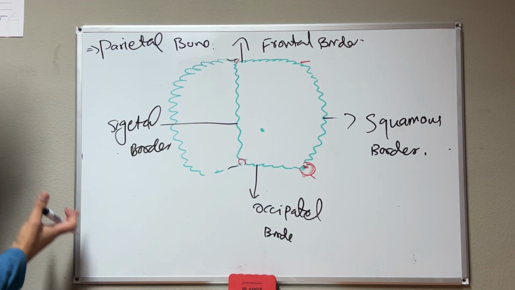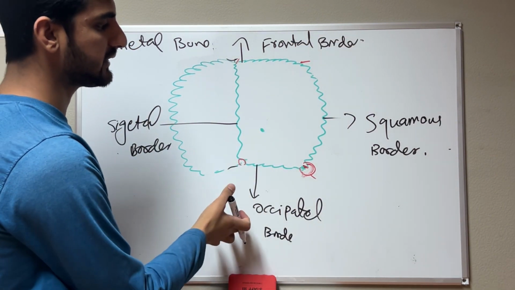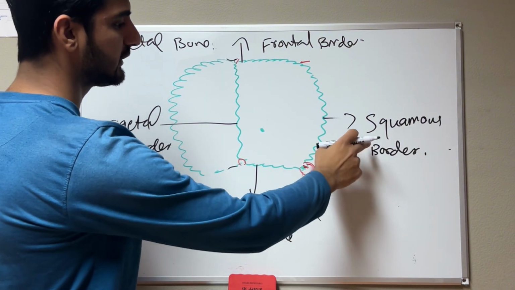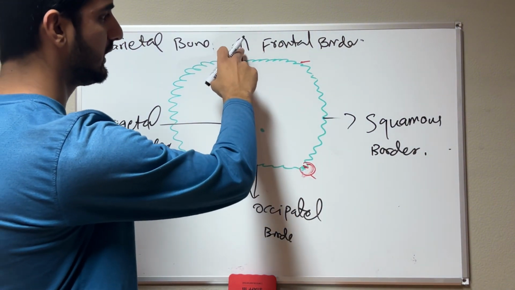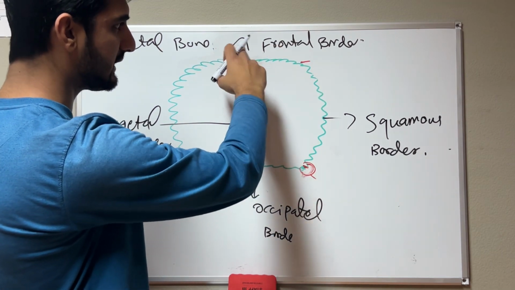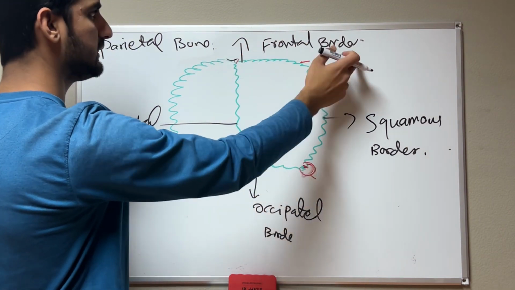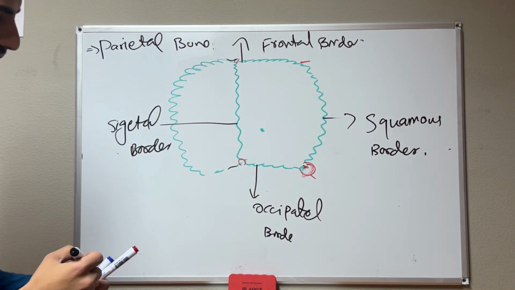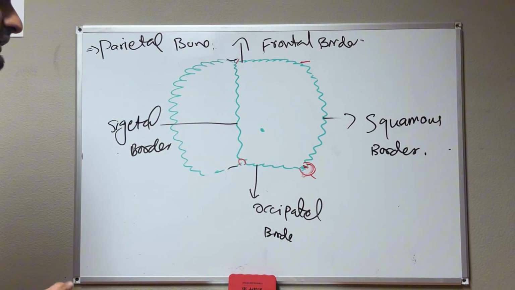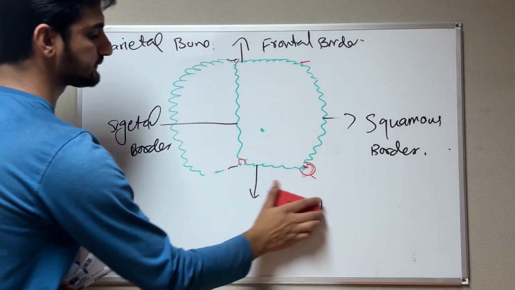Four borders and four angles. The occipital border is the connection with the occipital bone, the squamous border is the connection with the squamous part of the temporal bone, the frontal border is the connection with the frontal bone, and the sagittal border is the connection between the two parietal bones. These are the borders.